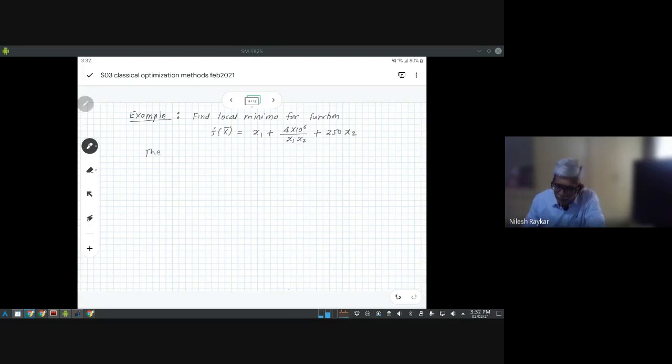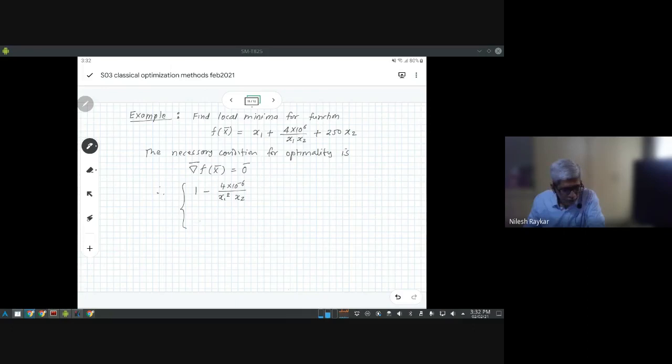So the necessary condition for optimality is that the gradient of the function should be equal to 0. If we calculate the gradient of this particular function, it will come as 1 minus 4 into 10 to power 6 by x1 square x2.